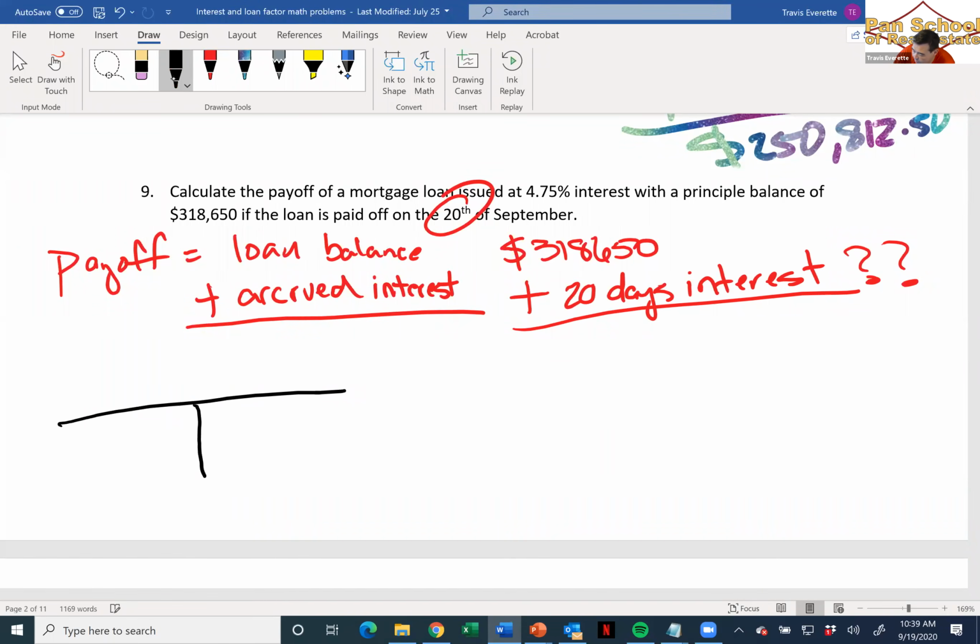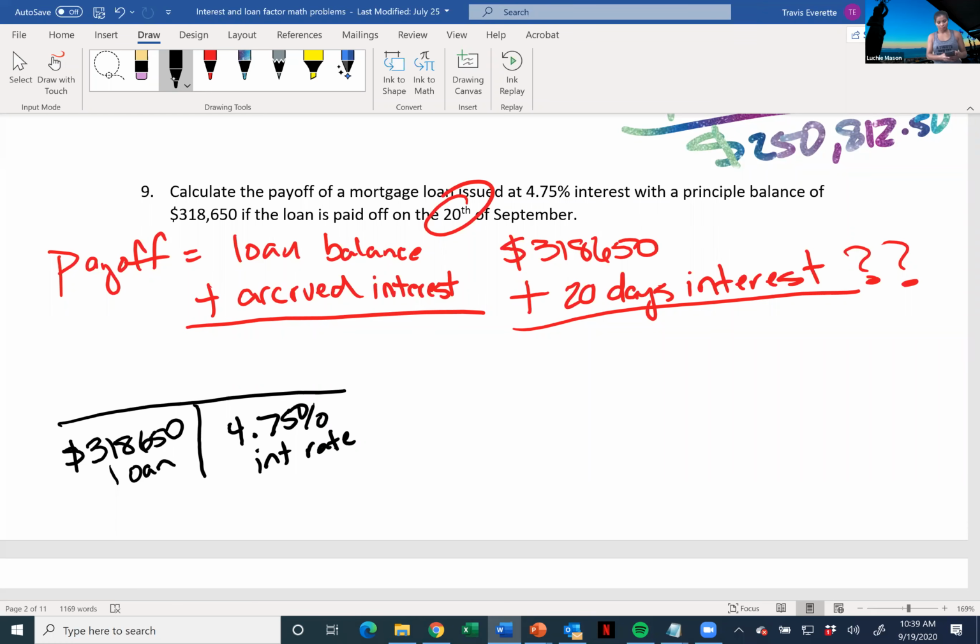We know the loan balance of $318,650. Times, and we know the 4.75% interest rate. So 318,650 times 4.75% is $15,135.87.